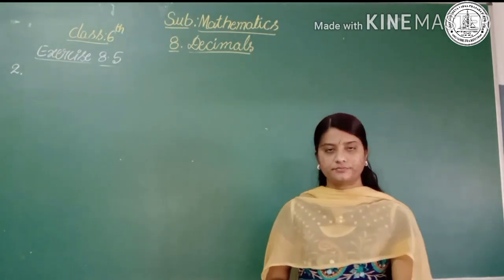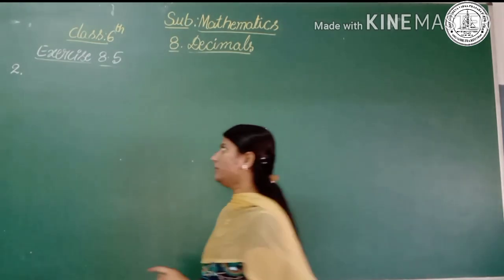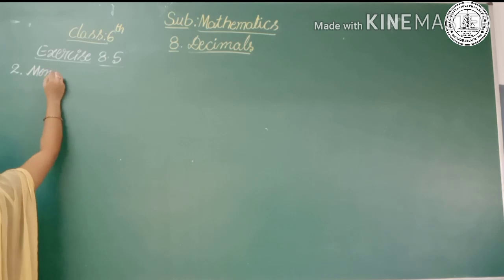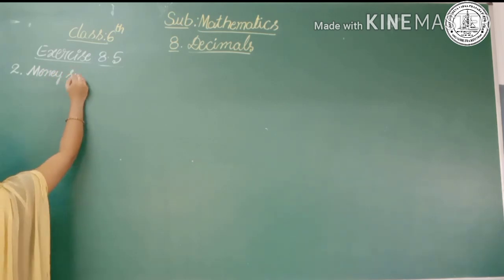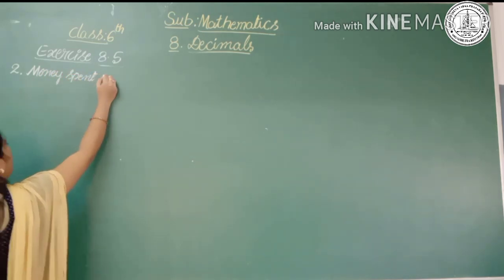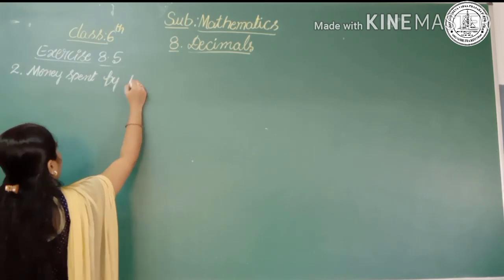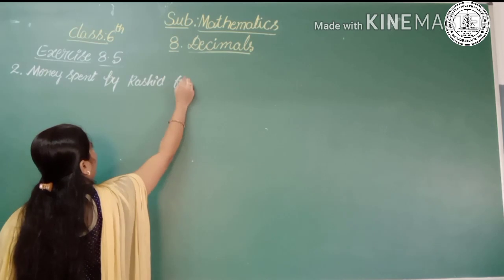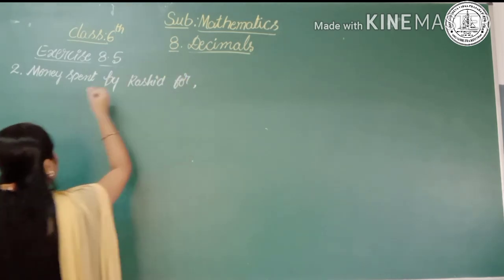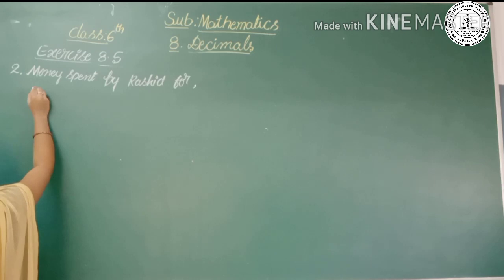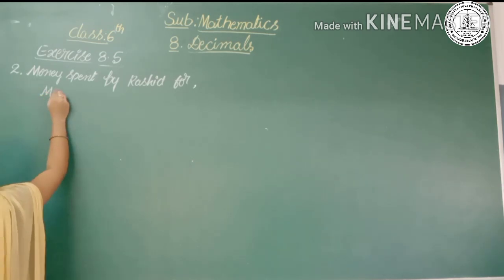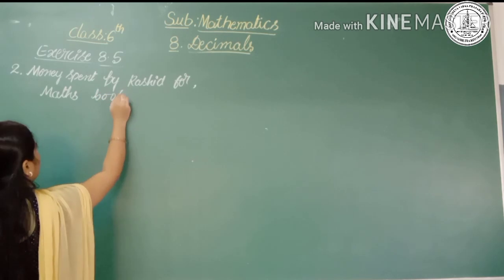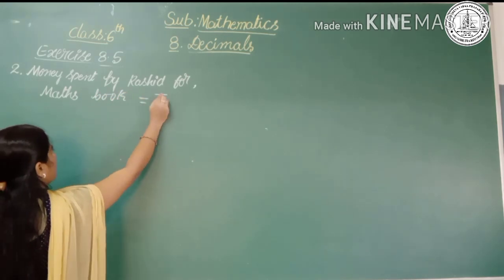The first sentence: money spent by Rashid for, keep the comma and write down here, maths book, which is equal to how much rupees?